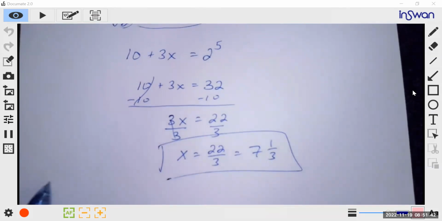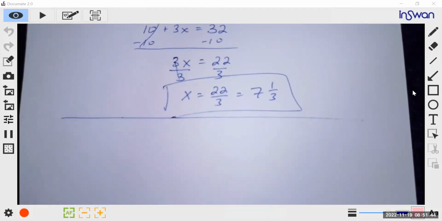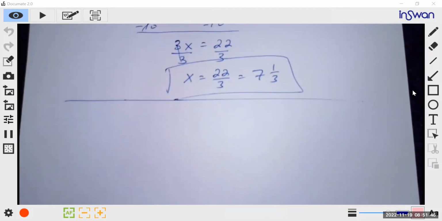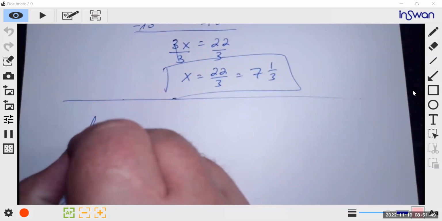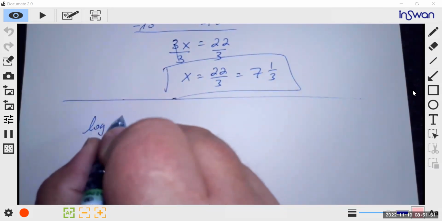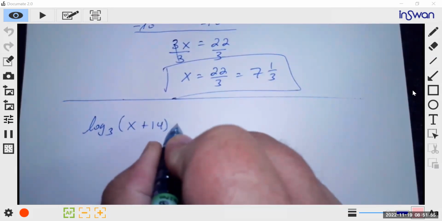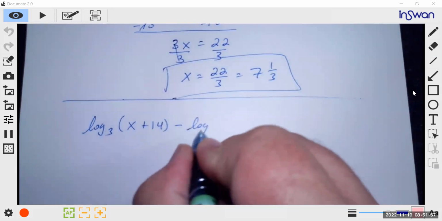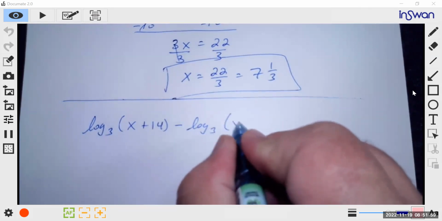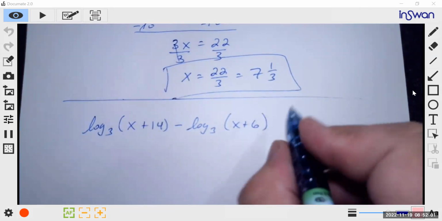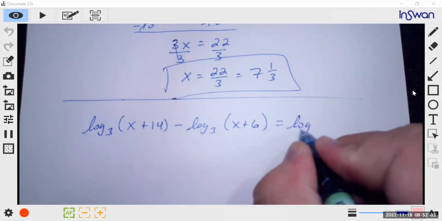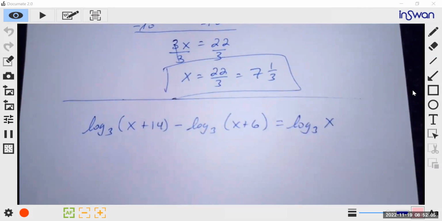Let's do a couple more. Log base 3 of x plus 14 minus log base 3 of x plus 6 equals log base 3 of x.